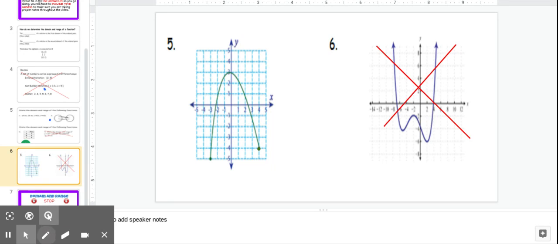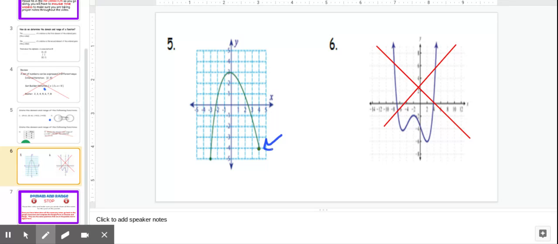The one thing I want you to do, though, for number 5, when we're looking at the domain, I do want you to notice I colored in that dot. It was an open dot before, but right now I just want you to have it colored in to make it a little easier. So what we're going to do is find the domain, which is the number that the x goes to and from.